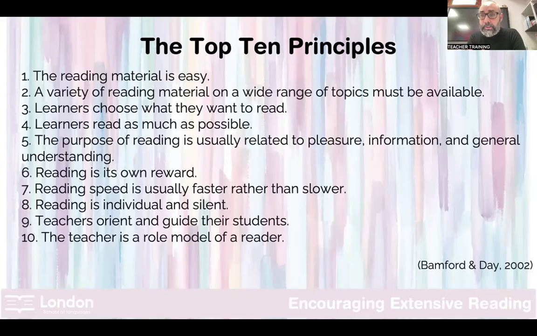Reading speed is usually faster than slower. So, this is why the five finger rule, right? If there are too many words we don't understand on the page, we need to stop all the time and check the words. And so the pace of reading becomes slow.